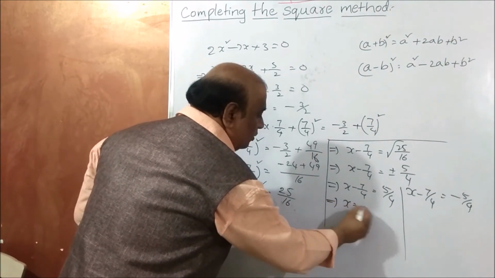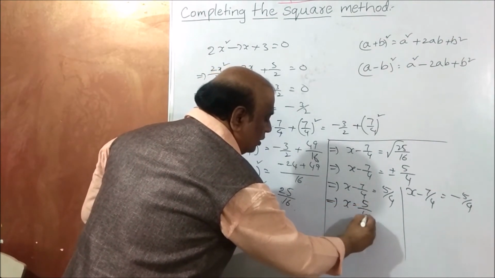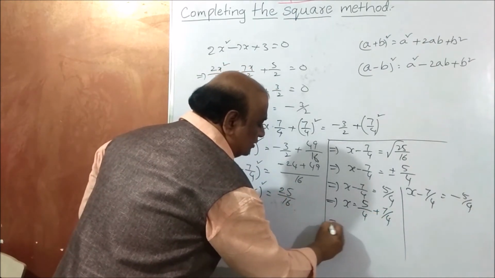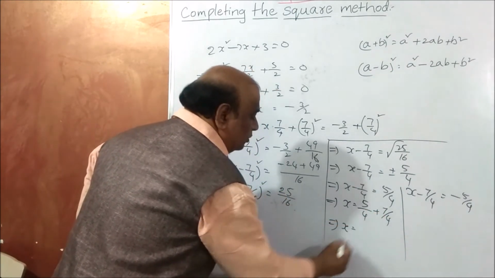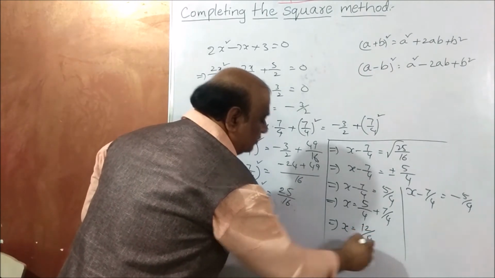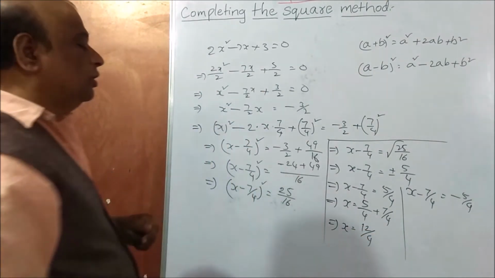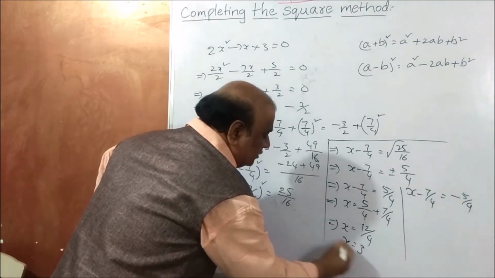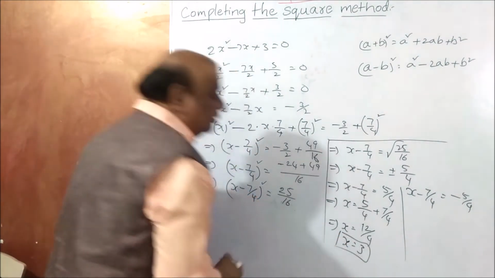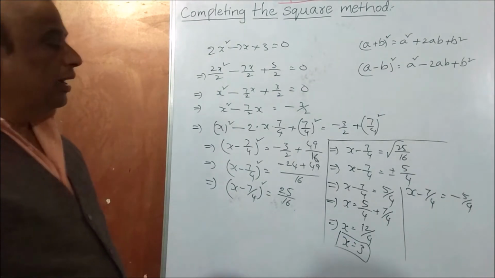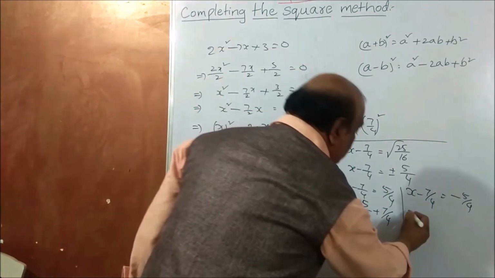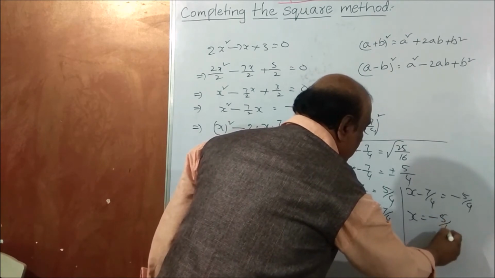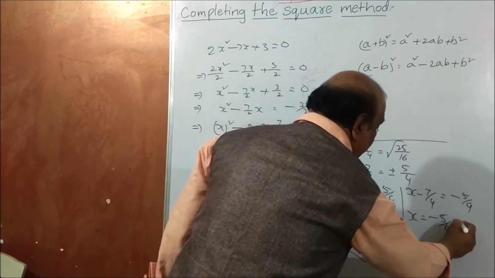X is equal to 5 by 4 plus 7 by 4. So this is x is equal to 12 by 4. So x is equal to 3. Answer. And here x is equal to minus 5 by 4 plus 7 by 4.